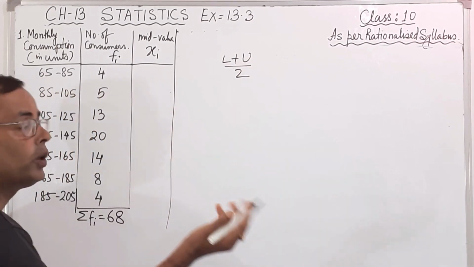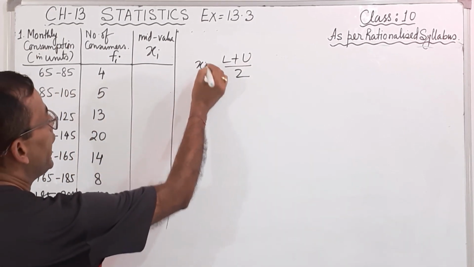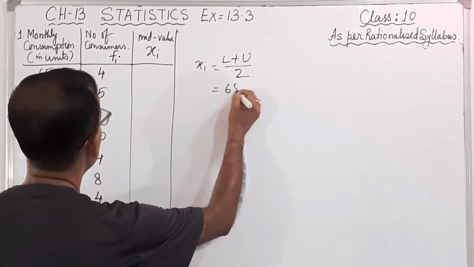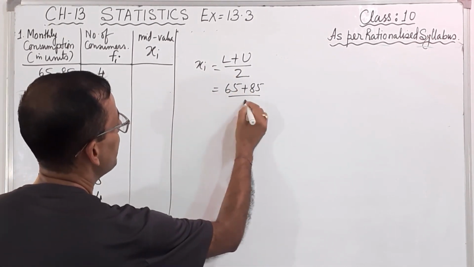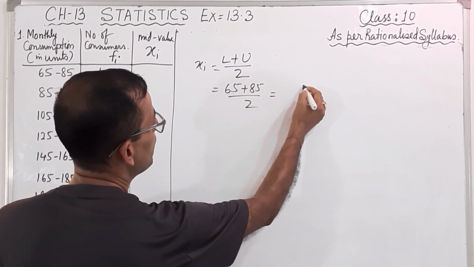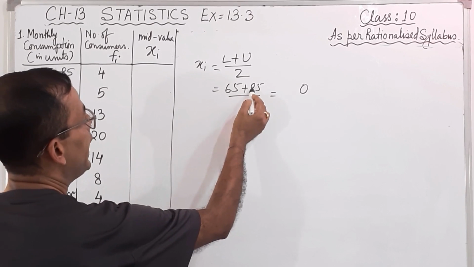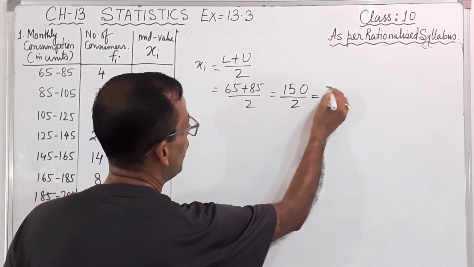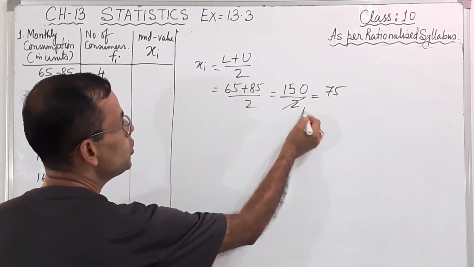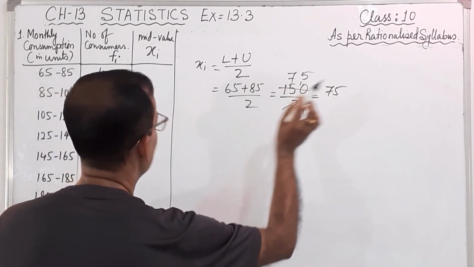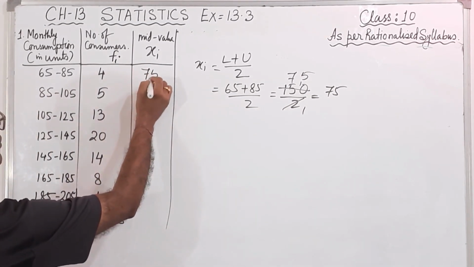So if I want to do a rough, 65 plus 85 divided by 2. 5 plus 5, 10, 1 carry, 8 plus 6, 14 plus 1, 15, by 2. So how much does it come? 75. So we will write here 75.